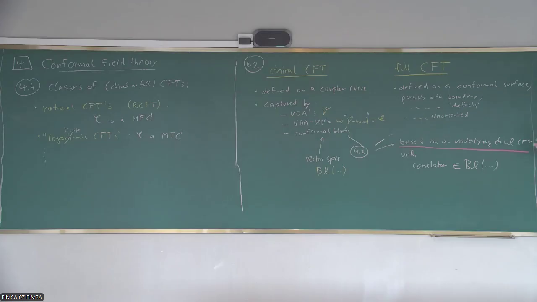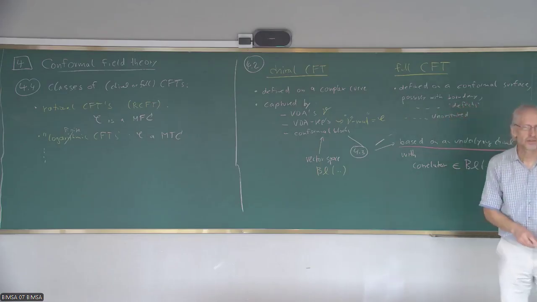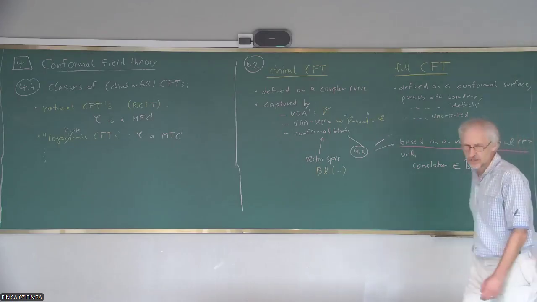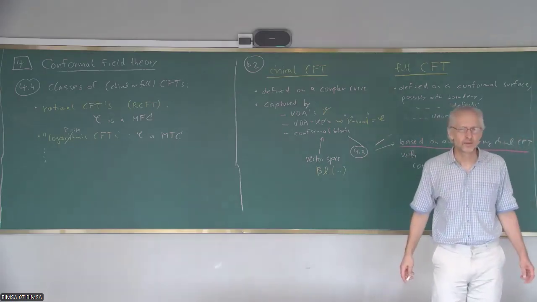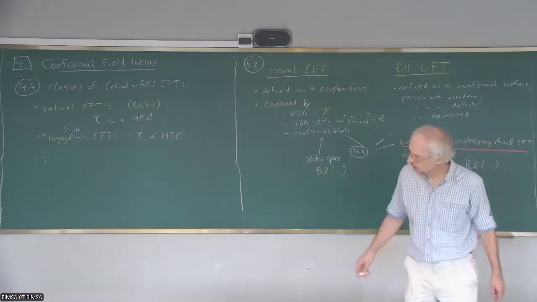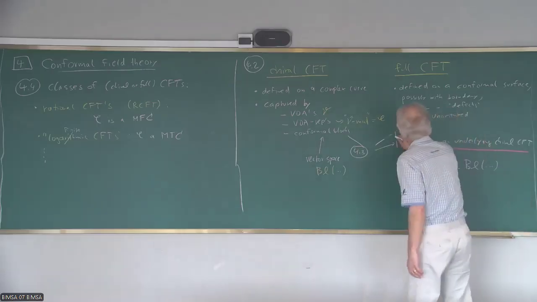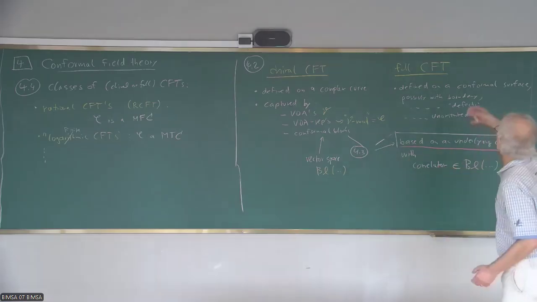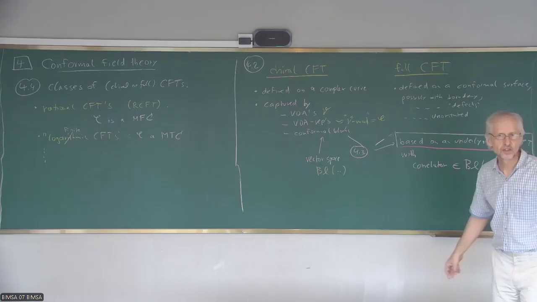You could ask why, or whether there are full conformal field theories which do not come from a chiral conformal field theory. I cannot exclude that, but there's no example known, and if you think about it, it's very hard to come up with any idea of what that could be if it exists. So for today, I will take this as one of the defining parts of a full conformal field theory.